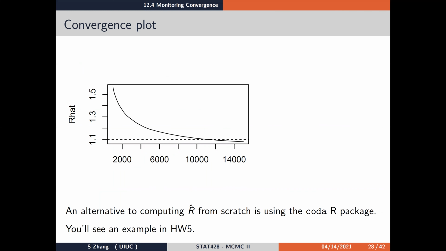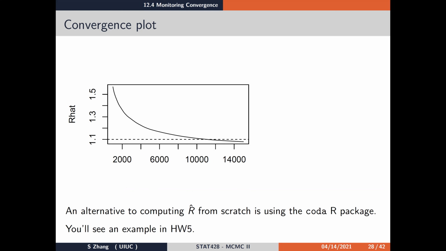So here's the convergence plot. You can see as we increase the chain length, the R hat value in this example steadily decreases. At around 12,000 iterations, it stabilizes to something that's below the threshold 1.1, indicating convergence.